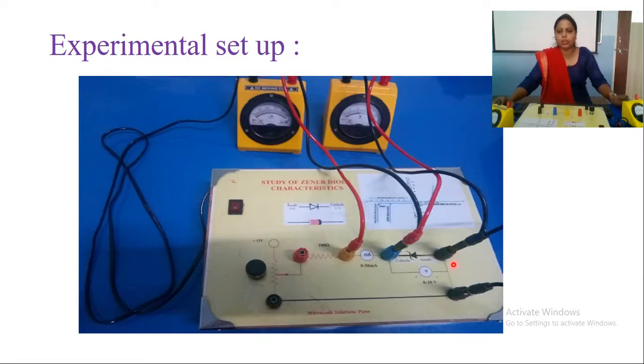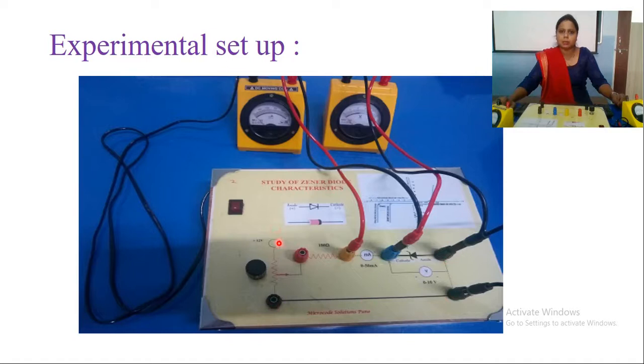After that, the very important thing we have to do is connect this point which is unconnected, which is denoted by dotted lines. We have to connect it. So one wire will go to this point, from this point to this point. Now why are we doing this kind of arrangement? Because the Zener diode should be connected in reverse condition. Reverse condition means anode should be connected to the negative terminal of the battery and cathode, which is this side, should be connected to the positive terminal of the battery.